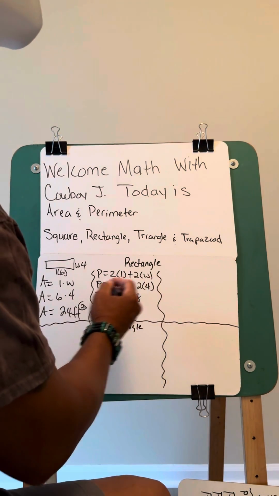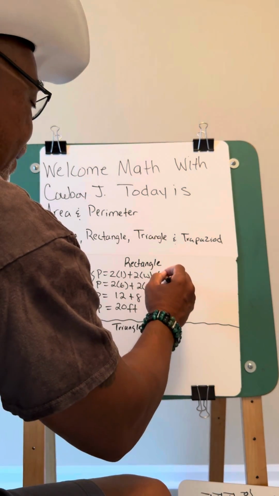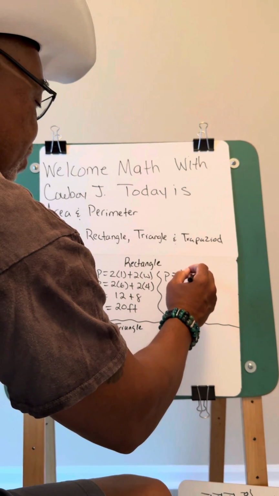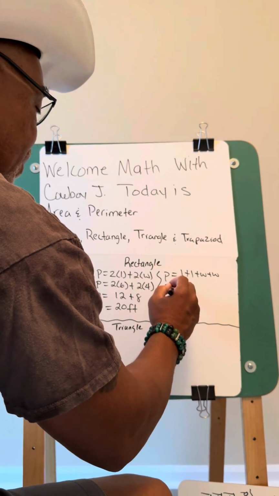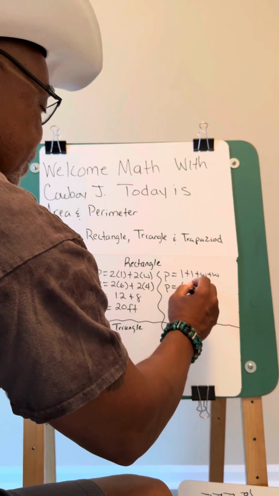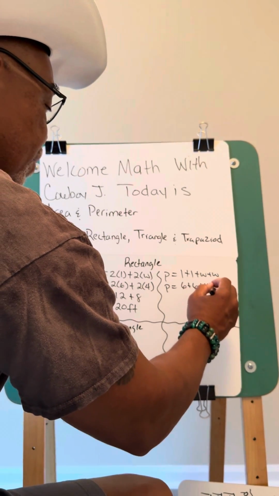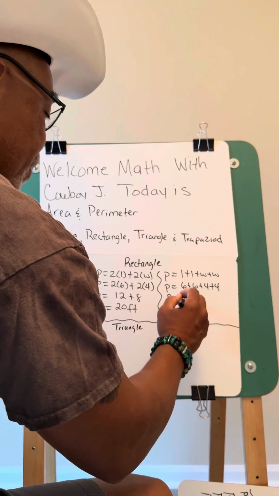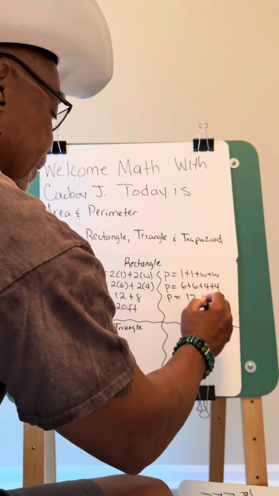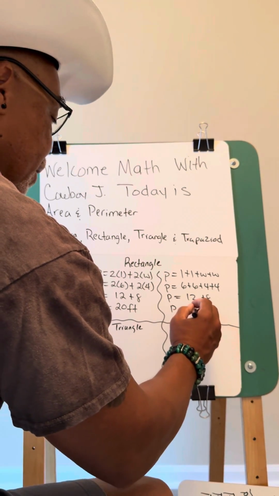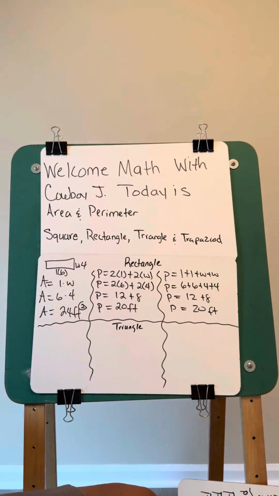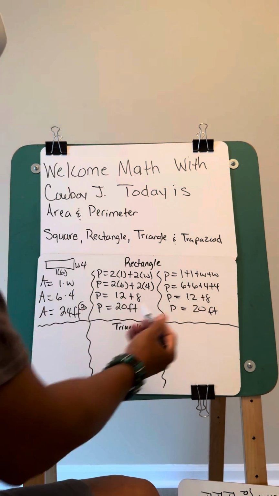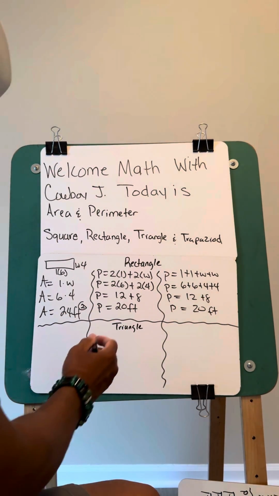Again, if that throws you off, I always tell my students you can write P equals L plus L plus W plus W. P equals 6 plus 6 plus 4 plus 4. P equals 12 plus 8. P equals 20 feet. So I always say use the one that works best for you. It's the one you like the best. That's the one you can work with.